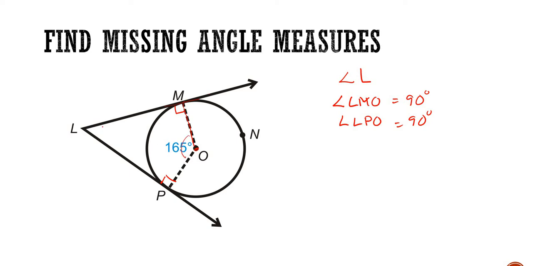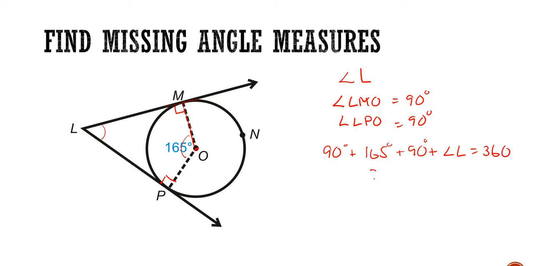What do you remember about the angles of a quadrilateral? Because I've got a 4-sided figure here. Hopefully, remember that all these angles have to add up to 360. So I've got 90 plus 165 plus 90 plus angle L should equal 360.